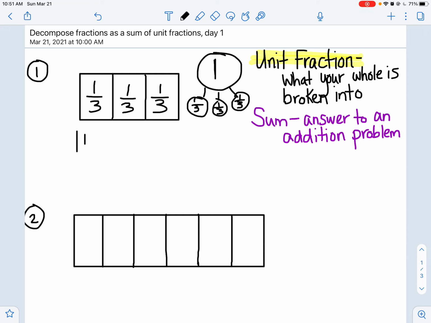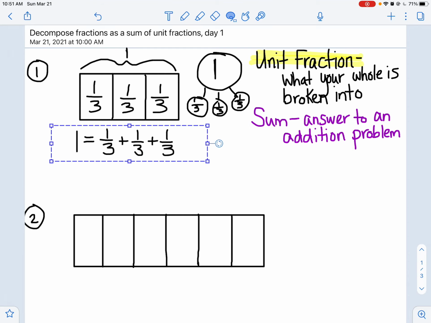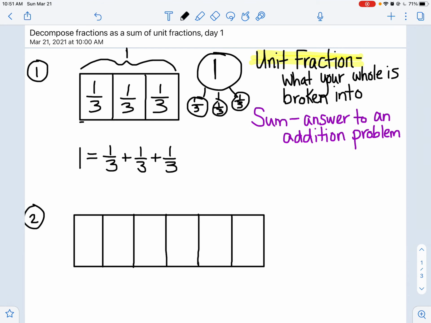And I can write this as an addition problem. 1 is equal to 1/3 plus 1/3 plus 1/3, because I'm adding all of these thirds together. So I can even label my tape diagram: there's my whole, and I'm saying that I've got 1/3 plus 1/3 plus 1/3 to equal the whole thing, or one whole.